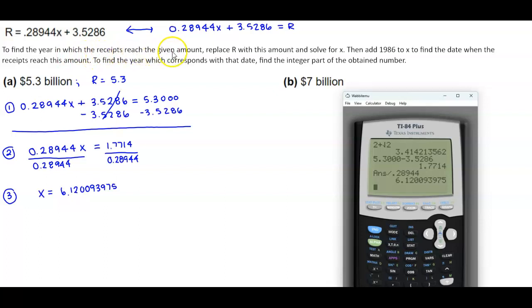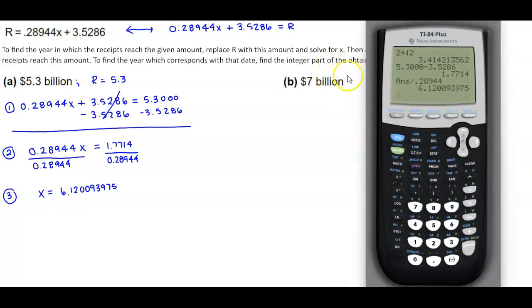Okay, now it says to find the year in which the receipts reach the given amount. We replaced R with this amount, and then we solve for x, and then we're going to add 1986 to x to find the date when the receipts reach this amount. So to find the year which corresponds with that date, we find the integer part of the obtained number.